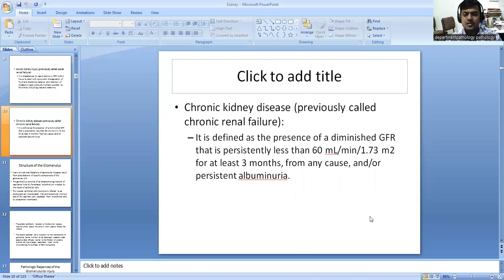Chronic kidney disease is defined as the presence of a diminished glomerular filtration rate, persistently less than 60 ml per minute per 1.73 meter square of body surface area for at least 3 months from any cause, and or persistent albuminuria. This is chronic kidney disease.